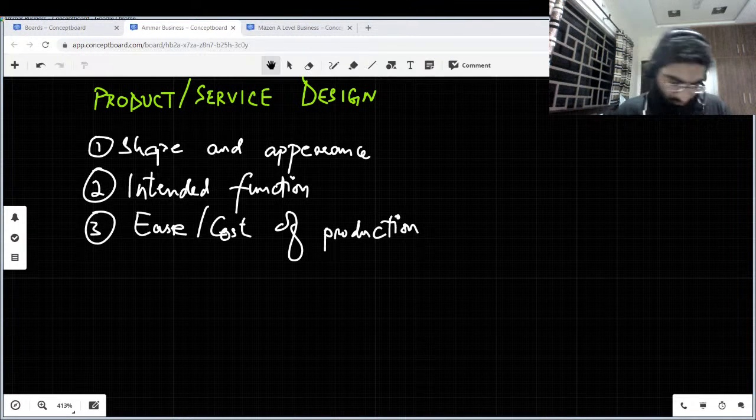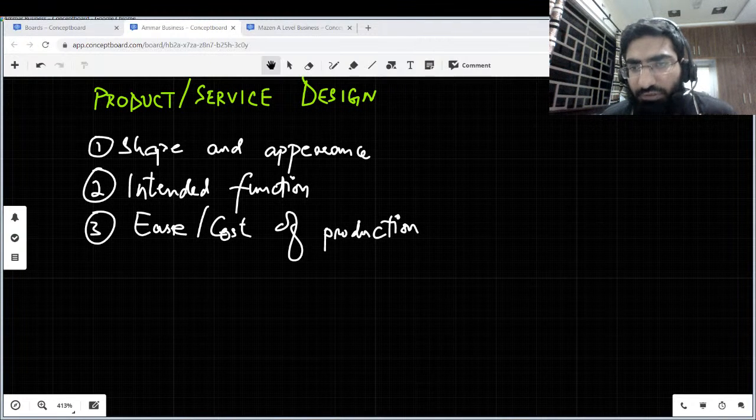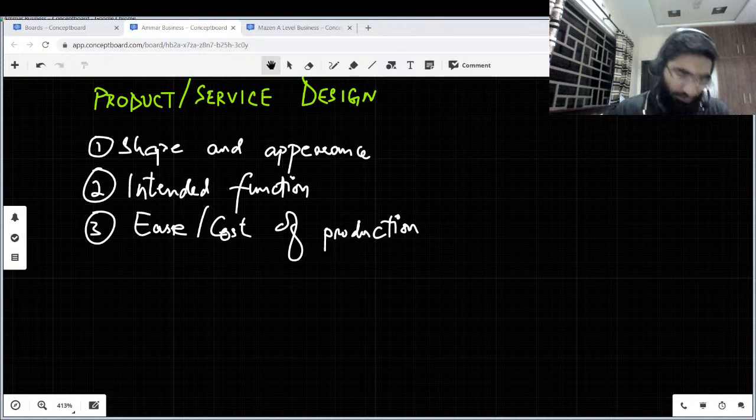Appearance after, I mean, what would it look like after it has been created? And should it communicate a message about the business?